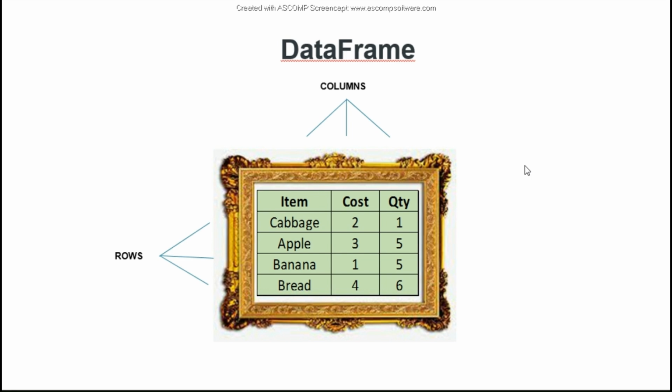Going back to our example, we used the grocery basket dictionary, and the data frame looks like a table. It stores the information of items, cost, and quantities about the basket by grouping them together in rows and columns. Here, we have 4 rows and 3 columns to compose a single data frame.